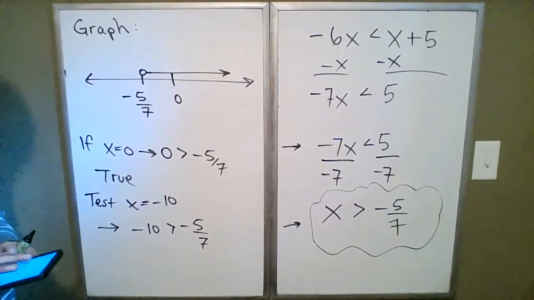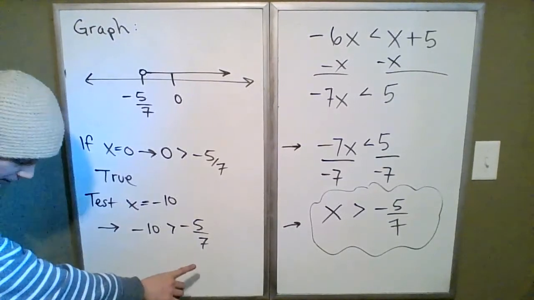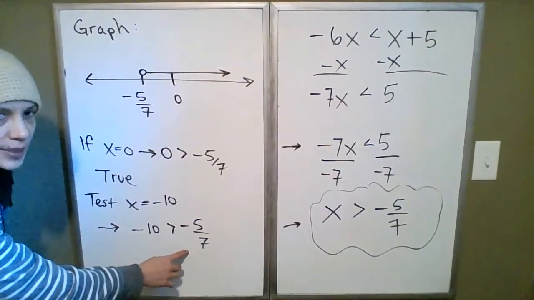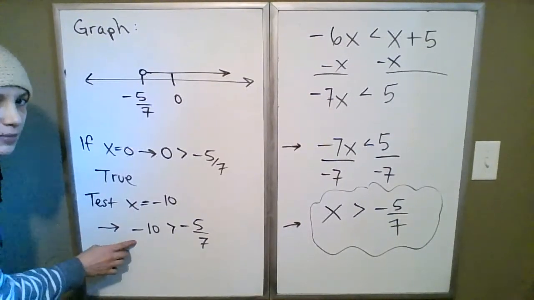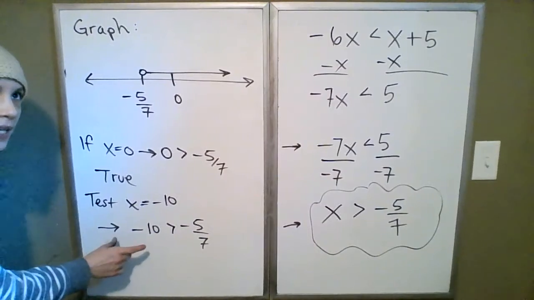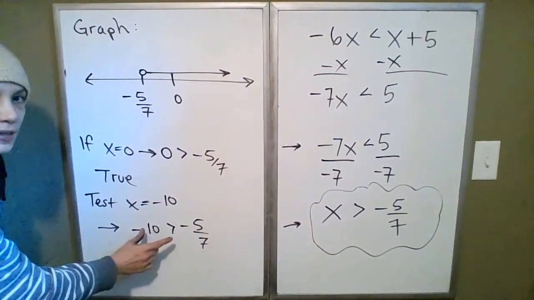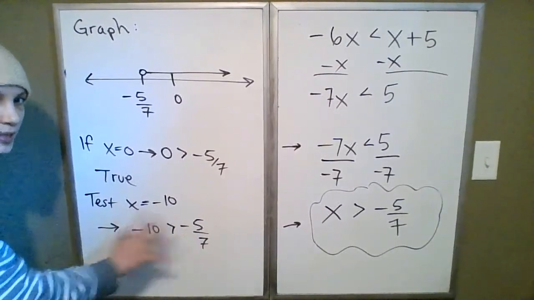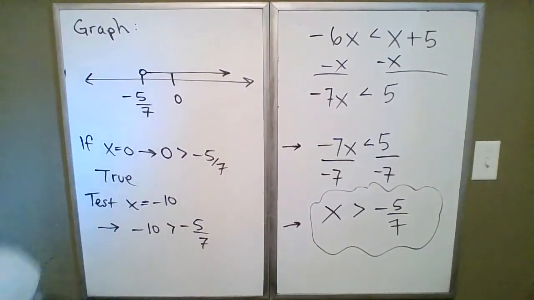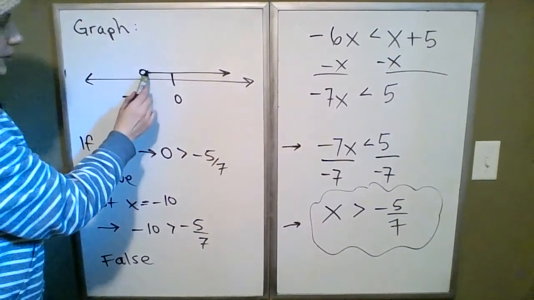Okay, so this is about negative 0.7, and this would be negative 10. Negative 10 is much more negative than negative 0.7. So it would be less than that number. So this is false. So only shading on this side.